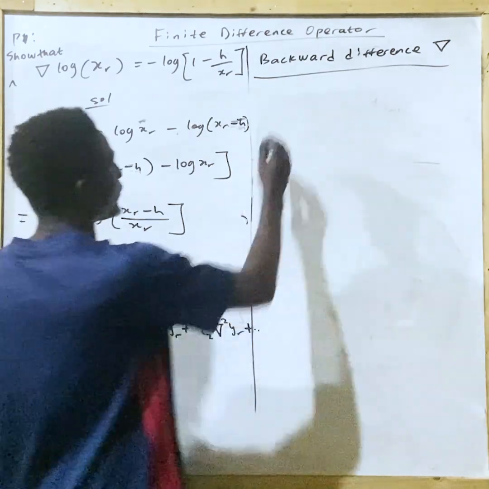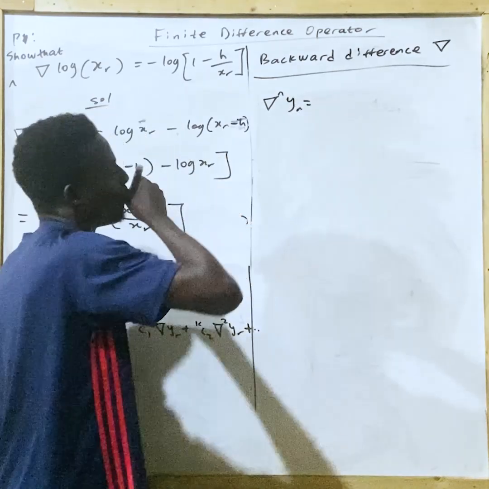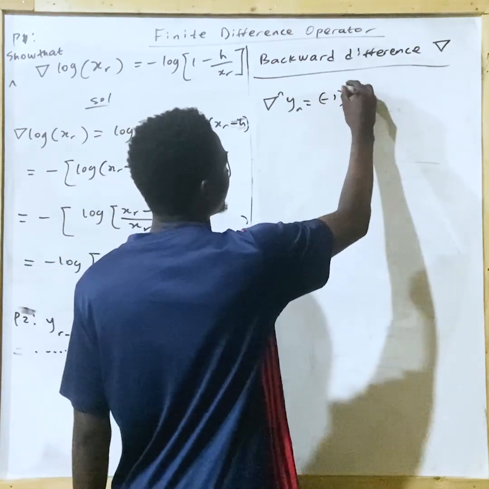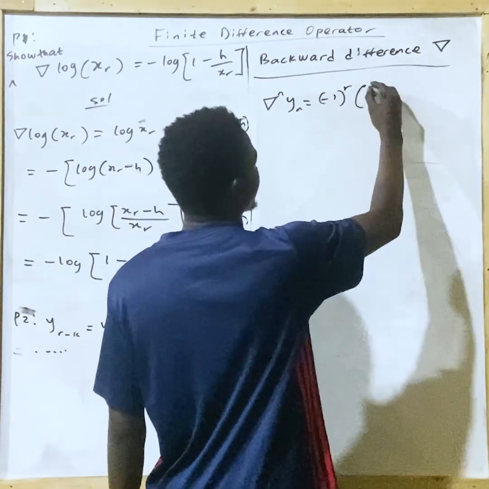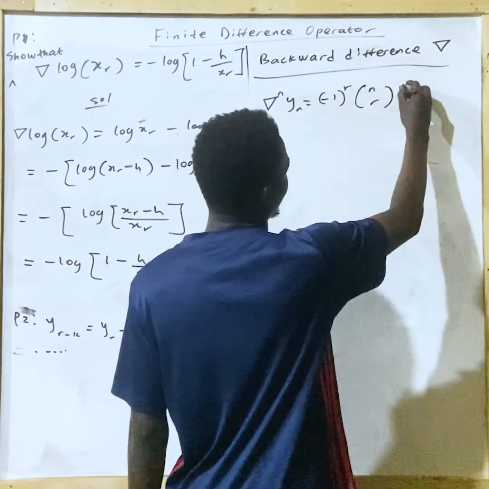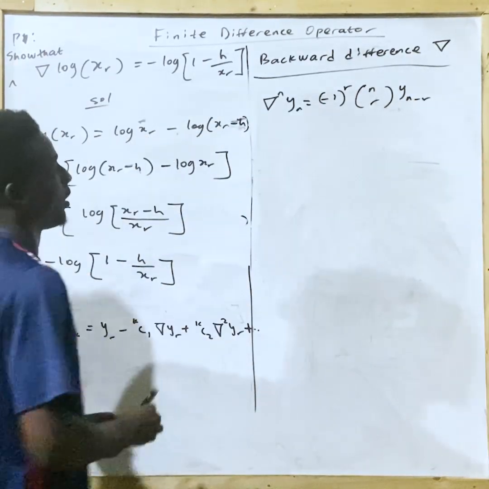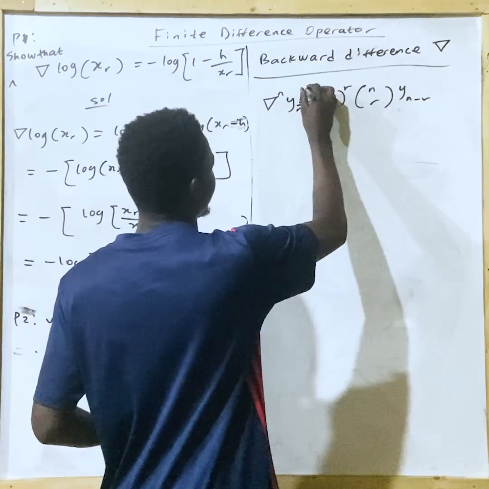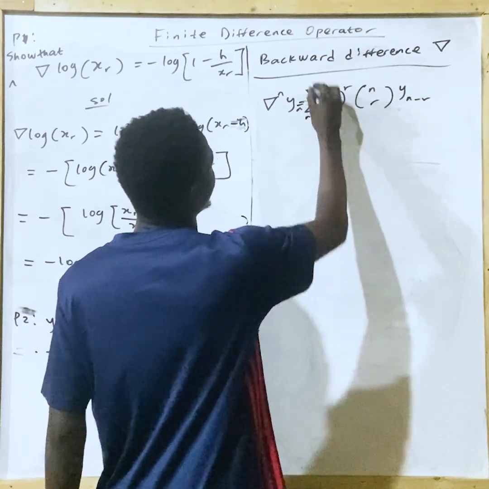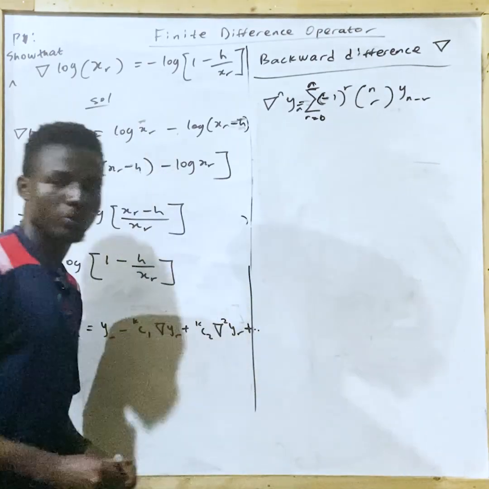The general formula for the backward difference of y_n equals the summation of minus 1 to the power r times n combination r of y_(n minus r), from r equals 0 to n. So this is the general formula for the backward difference.